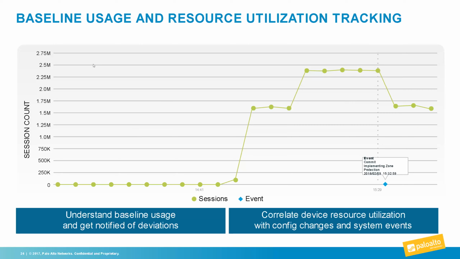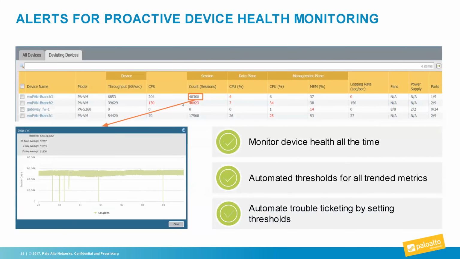So it's super cool and a useful tool when you have lots and lots of firewalls, and all of a sudden one day one of your firewalls, instead of the data plane being at 20 to 30%, is now at like 70% utilization, you get notified: hey, what's going on? I need to go take a look at it, right?